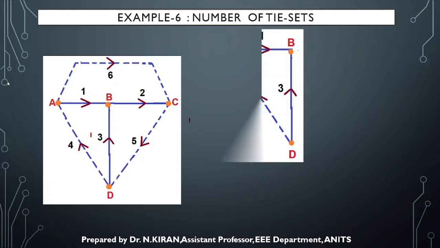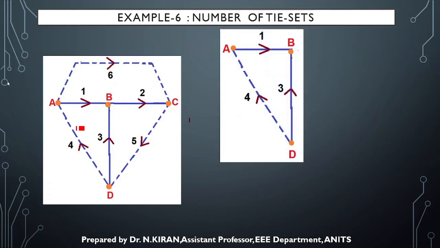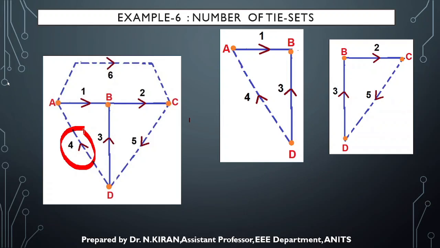So first I consider the fourth link, and you should see what twigs I can add to this link to form a closed path. If I add 1 and 3 to this link, you will get a closed path, so that we can form it as a tie set. The second link, the fifth link, I have considered, and if I add twigs 2 and 3, they form another tie set.